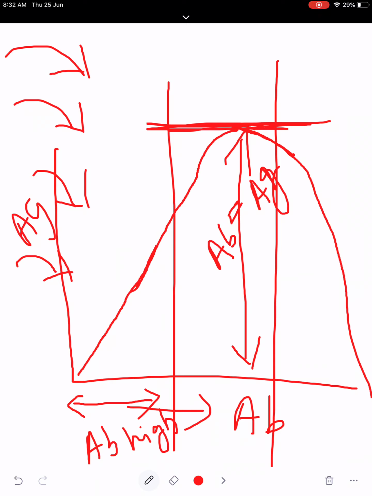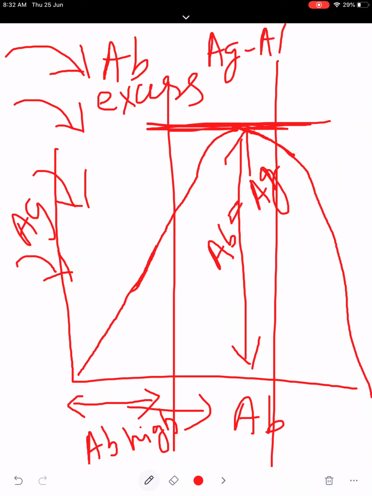And I can name the three zones here. Here the antibody is in excess, and here is the maximum antigen antibody complex. And here the antibody is all used up, and here it is antigen excess.